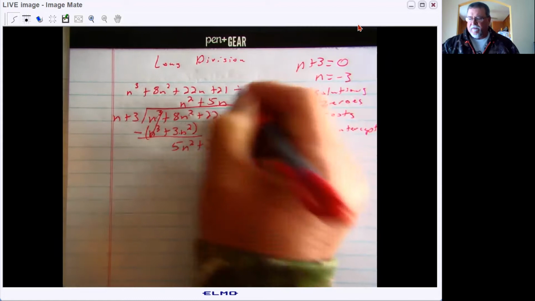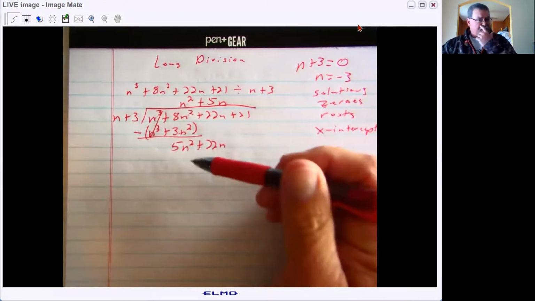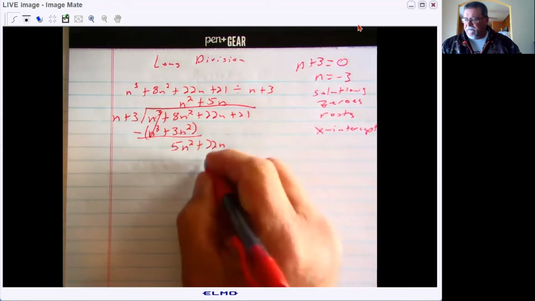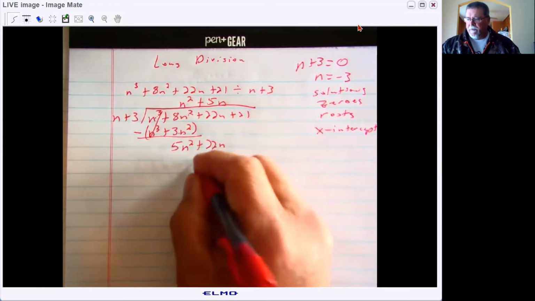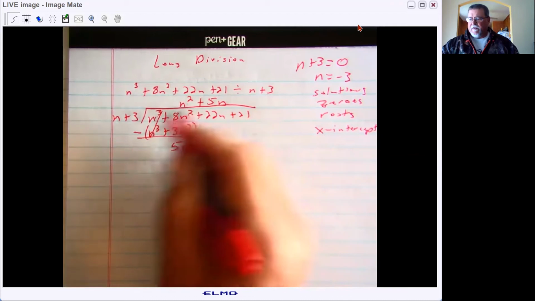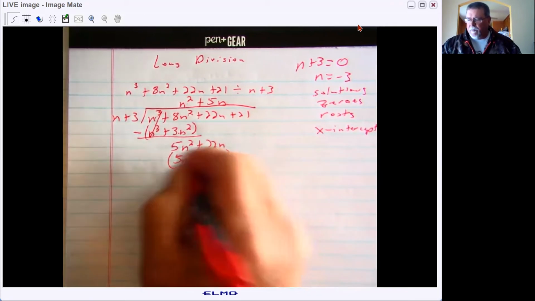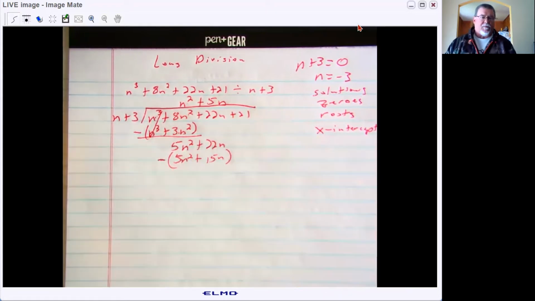So I put plus 5n because I had division of positives. Now 5n times 3 is 15n, and that's going to be a positive. And then 5n times n is 5n squared, and again, in parentheses, and I'm subtracting those terms.